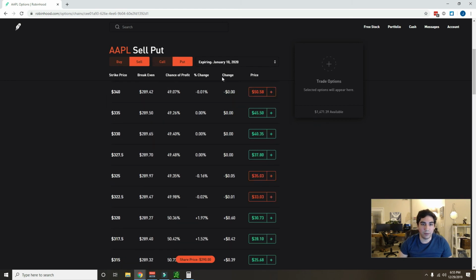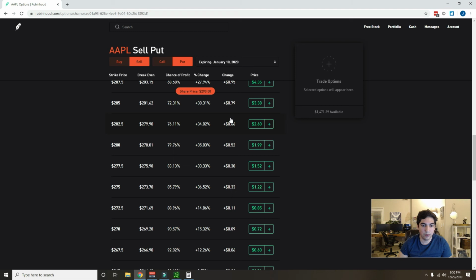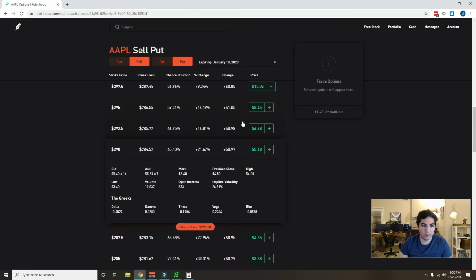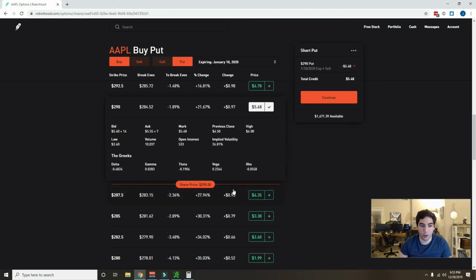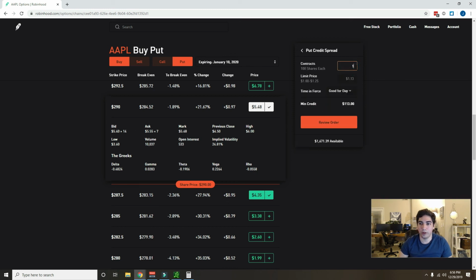So if we wanted to get ballsy, we could sell this put at 290, buy the put right below it, 287.50, hit continue, and then we could bring this up to 10 contracts.